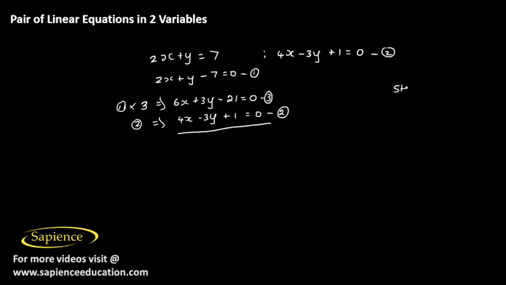So step 1, multiplying with constant. And step 2 is adding or subtracting equations.